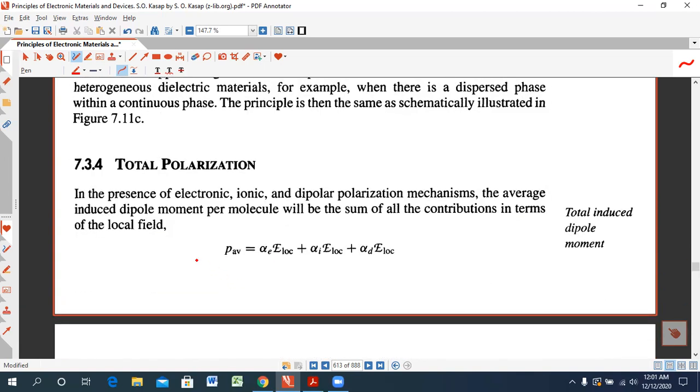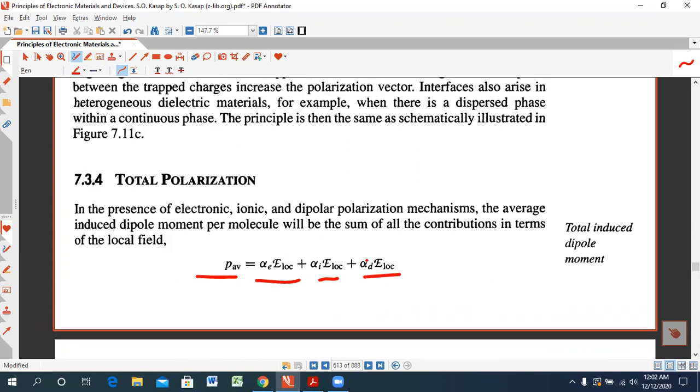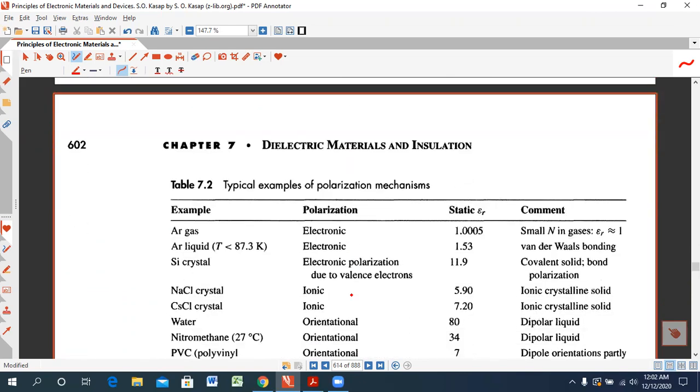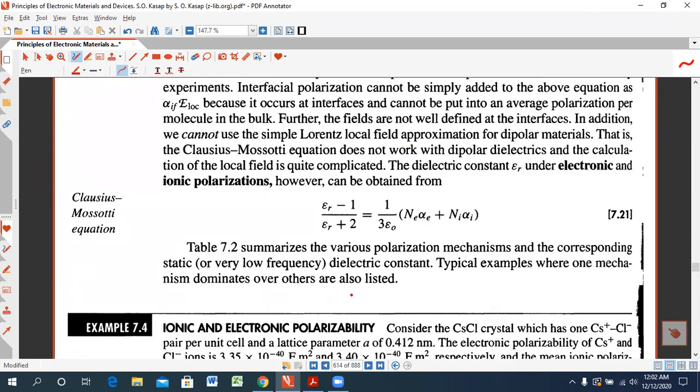Now the total polarization P average should be equal to the electronic polarization, plus the ionic bond polarization, plus the interfacial or the orientational polarization. So the total polarization P average should be equal to the summation of all these things. Again, the Clausius-Mossotti equation should be like this.